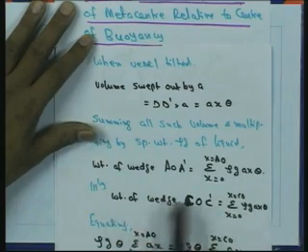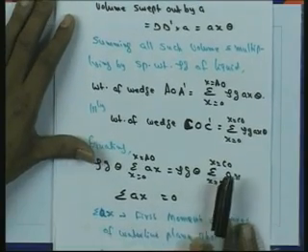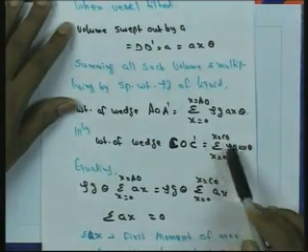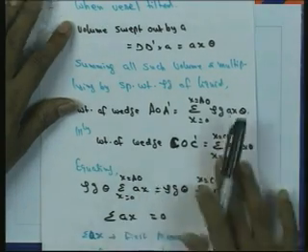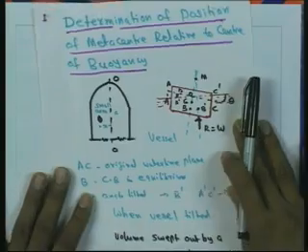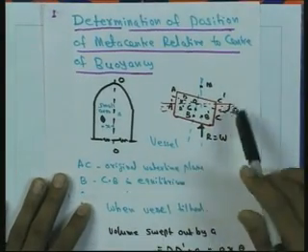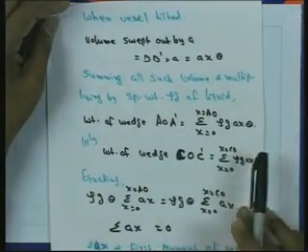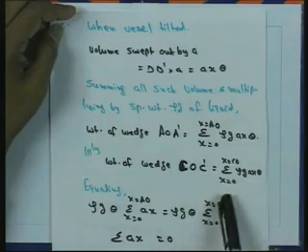Similarly, the weight of the wedge COC dash we can write as sigma x equal to 0 to CO of rho g A x theta. Since the weight of the wedge AOA dash is equal to the weight of the wedge COC dash, we can equate them.